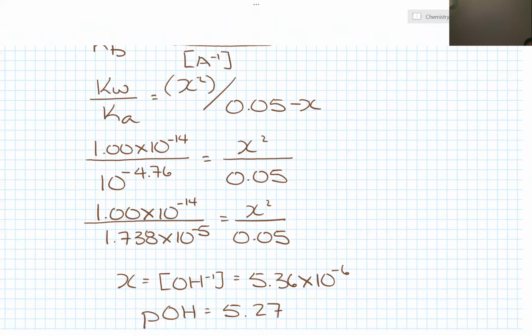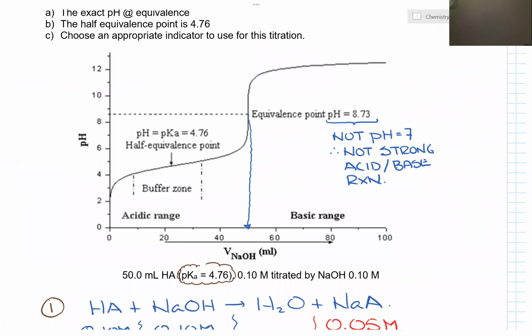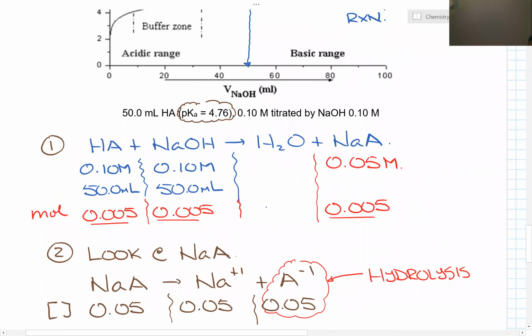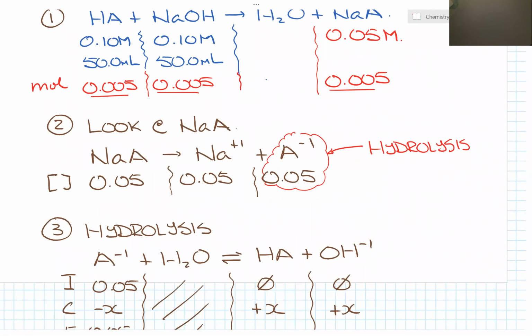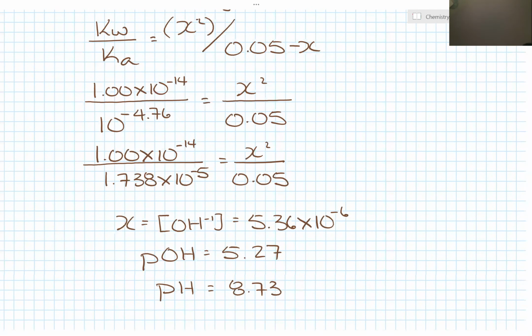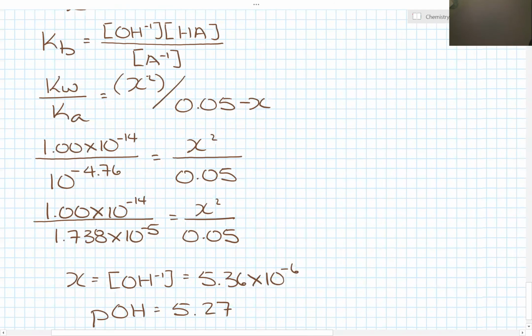All right, so again, basically you're looking at the titration curve to figure out some of the values, figuring out what undergoes hydrolysis, etc. Okay, hopefully that's pretty straightforward. This will probably be a hint. You will probably need to know how to figure this out.